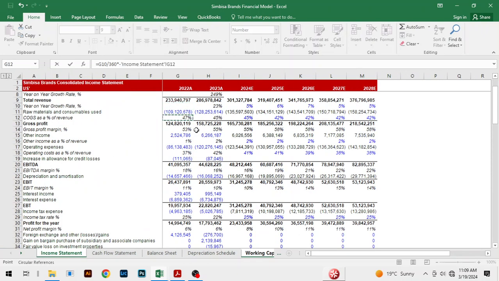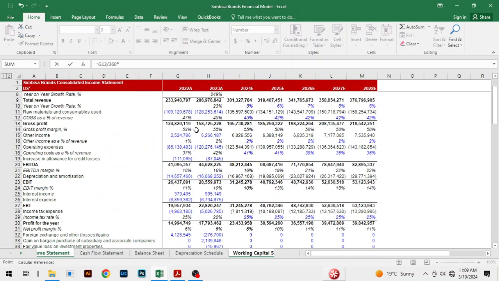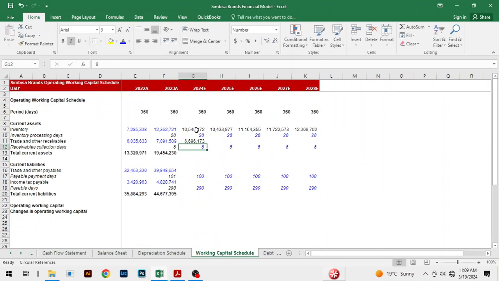So here we multiply that, and then we copy that to the right, and then here we divide that by 360 multiplied by revenue for 2024, right? And then here we copy the formula to the right.